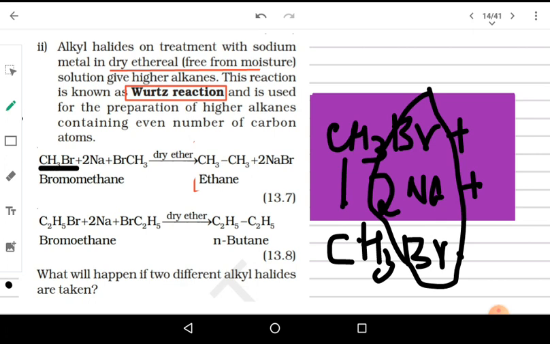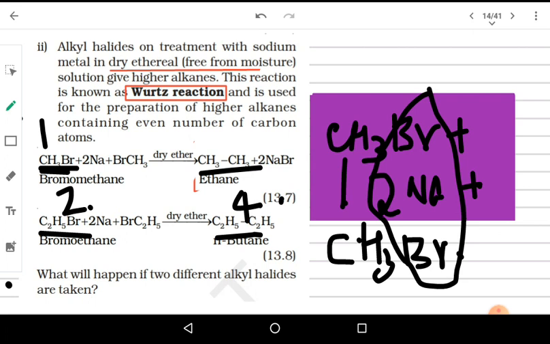So if we have one carbon in the reactants, we will get one alkane which has double the number of carbons. That is, we will have two carbons. Now if we have two carbons in the reactant, then we will have four in the product.